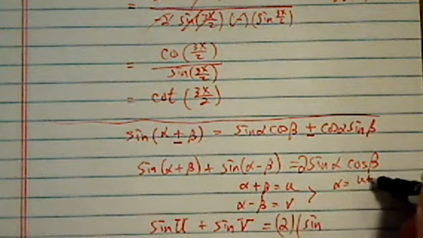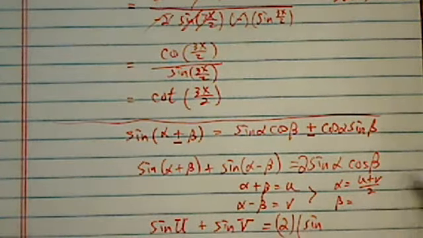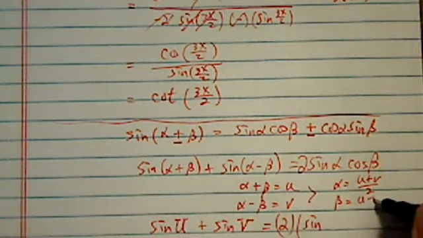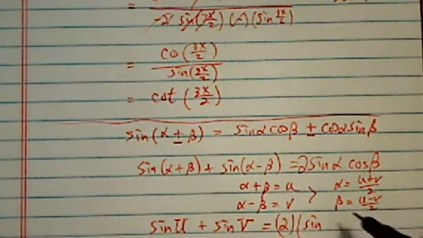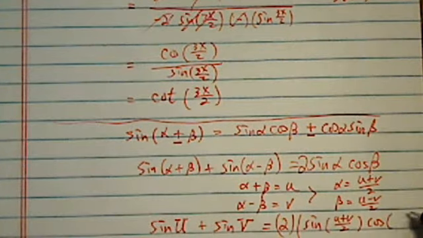Alpha is equal to u plus v divided by 2, and beta is equal to u minus v over 2. So this is where that formula comes from: u plus v divided by 2, cosine of u minus v divided by 2.